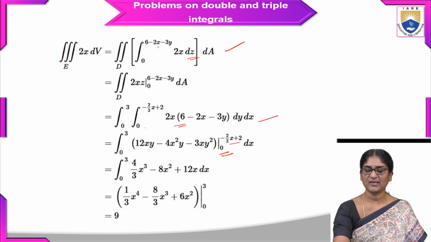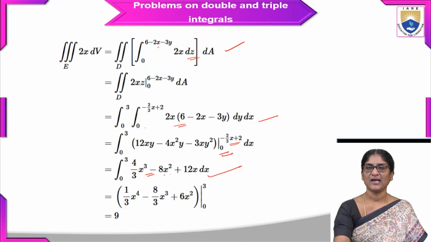So you apply the limits here. You are going to get the integral from 0 to 3 of (4/3 x³ - 8x² + 12x) dx.